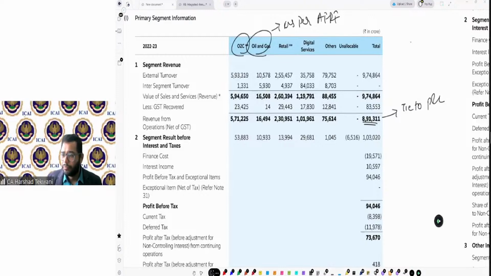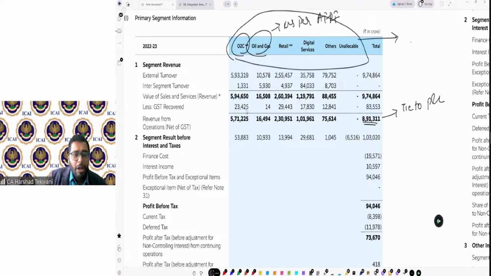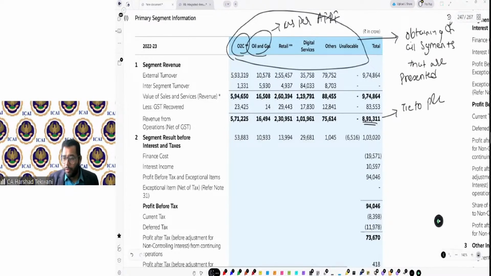As you know, like Geeta, you said take all the segments of the financial statement. It means I will obtain an understanding of all these segments that are presented to ensure all the segments are taken.